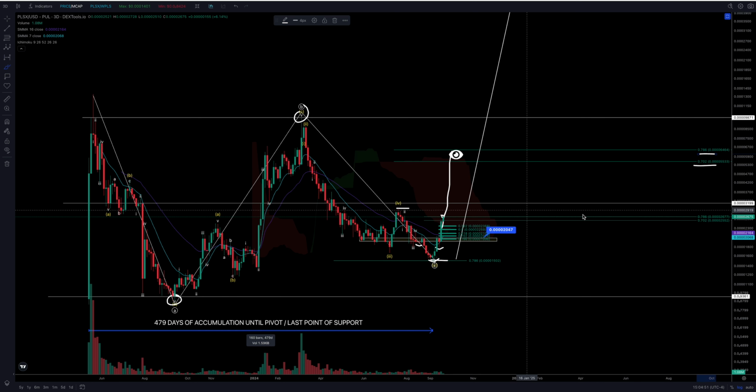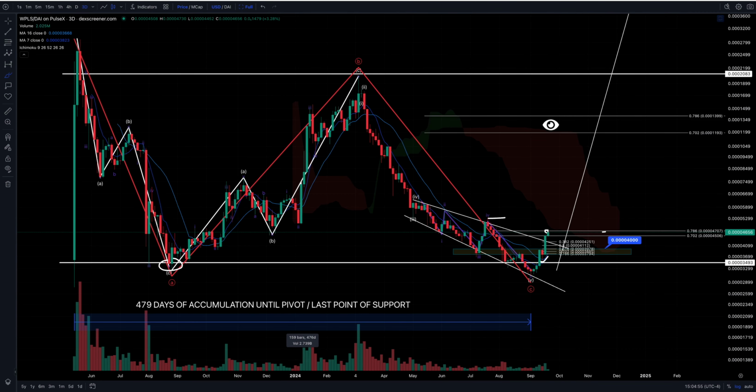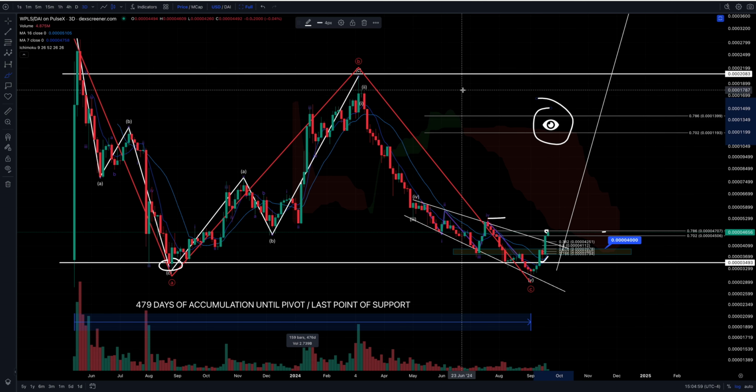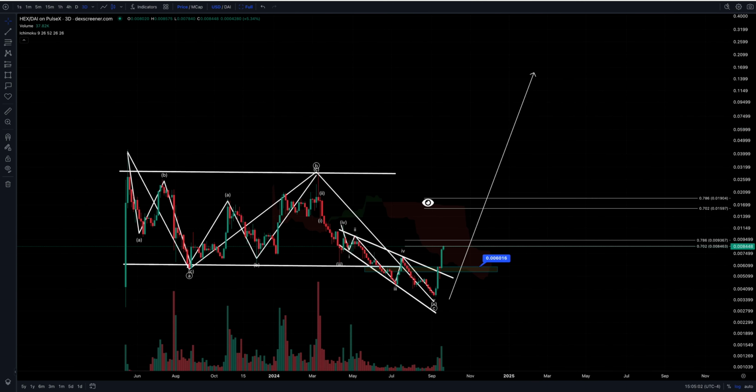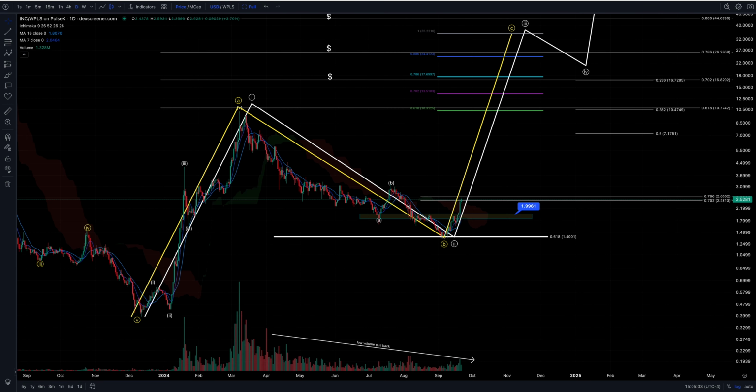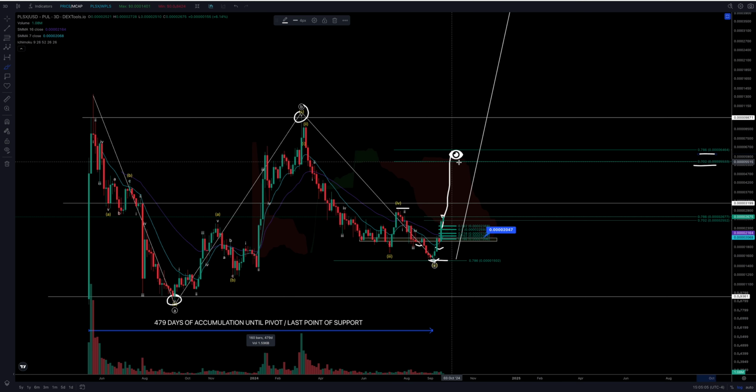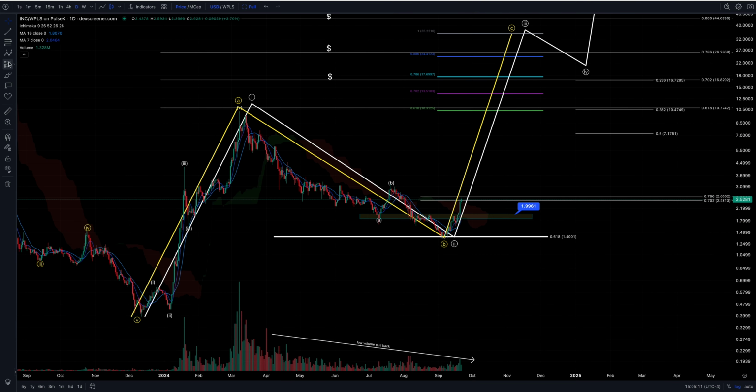And remember, if you get above these intermediate resistances over here, then it's likely we'll go towards the next macro target, which would be over here. Okay, this is PLS. This is PulseX, right over here. And this is incentive token.